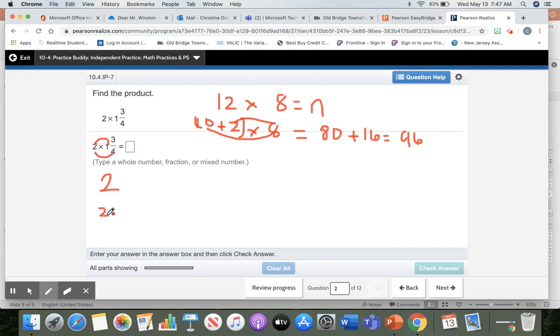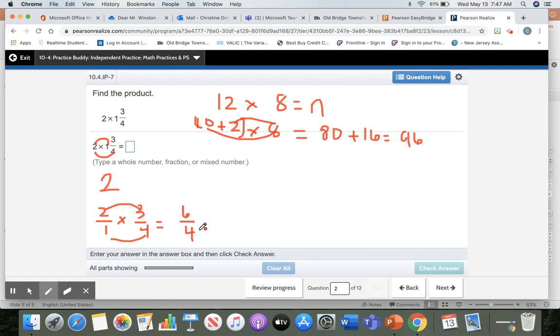So 2 is really 2 over 1 times 3/4, which equals 2 times 3 is 6, 1 times 4 is 4.